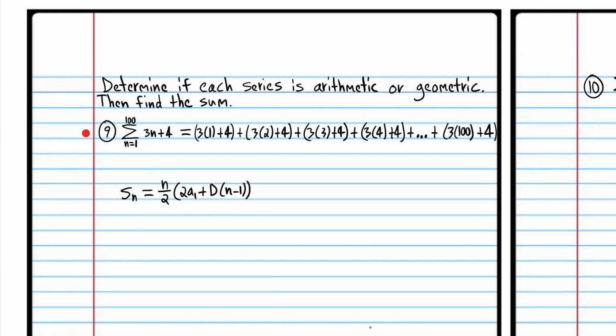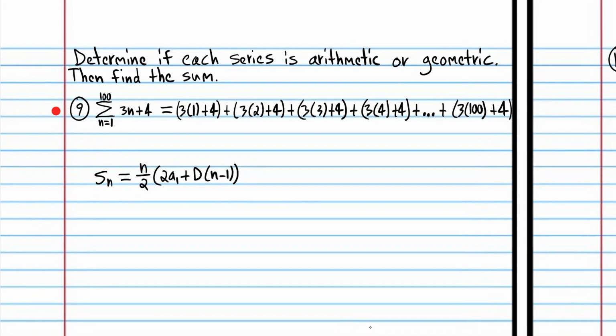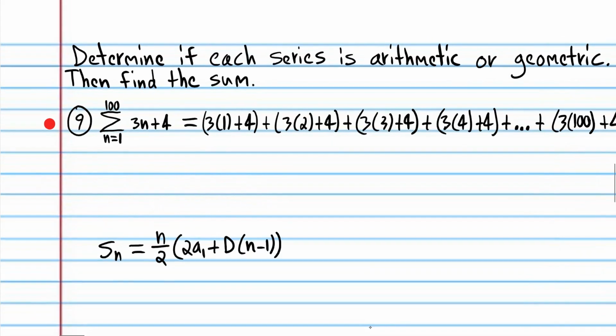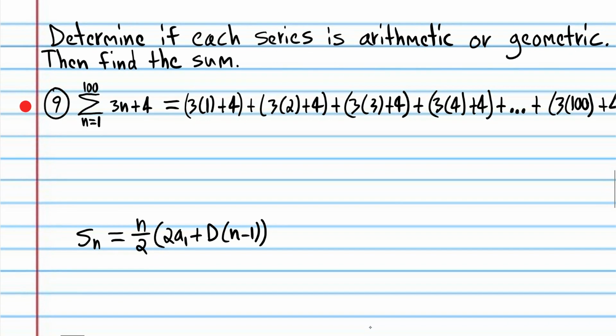So let's go back and check and make sure we did all this correctly. That looks correct. So now let's simplify a little bit, because we still don't know for sure what type of sequence it is. You'll get to the point where you can look at this expression and determine whether or not it's an arithmetic or geometric sequence just by looking at that.